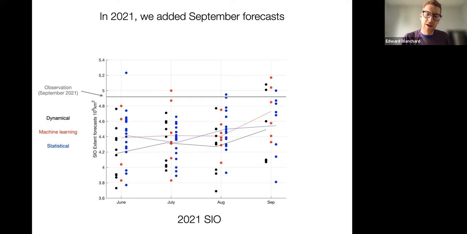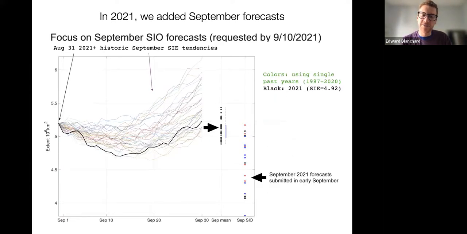One very simple exercise we did last year to put this into better perspective: by early September, we know the August 31st sea ice extent. If you place yourself on September 1st, you know how much sea ice extent you have on August 31st.